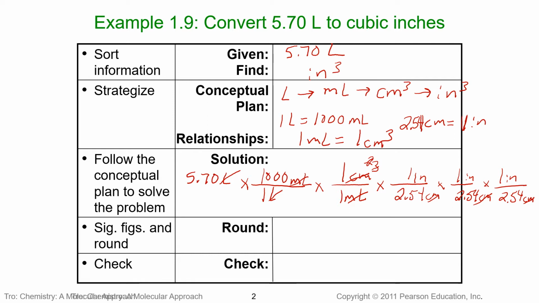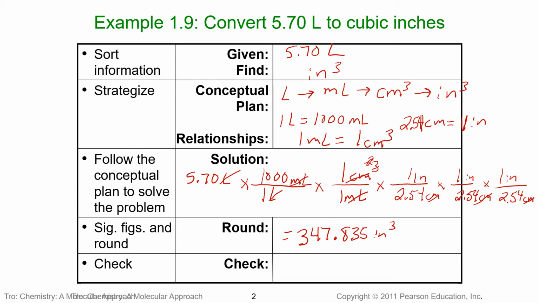So if we do our math, we find that the answer is 347.835 cubic inches. So how would we round this?